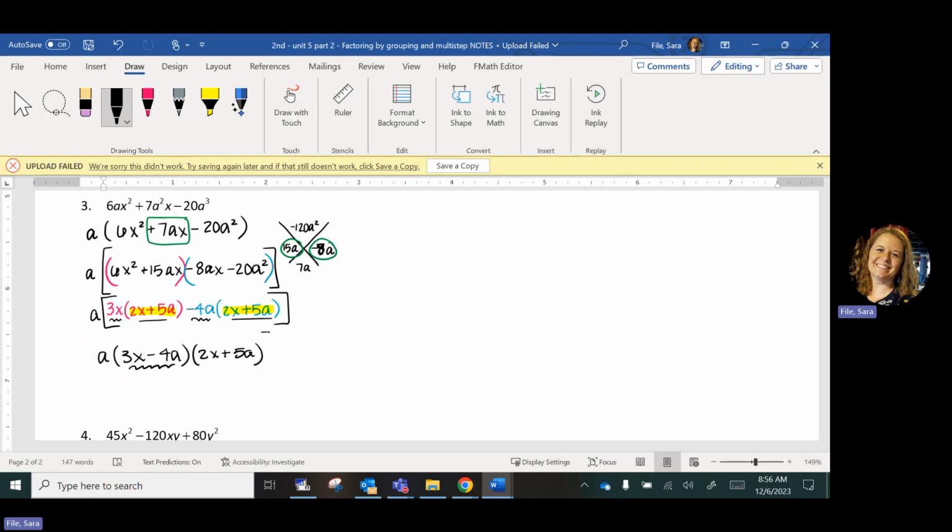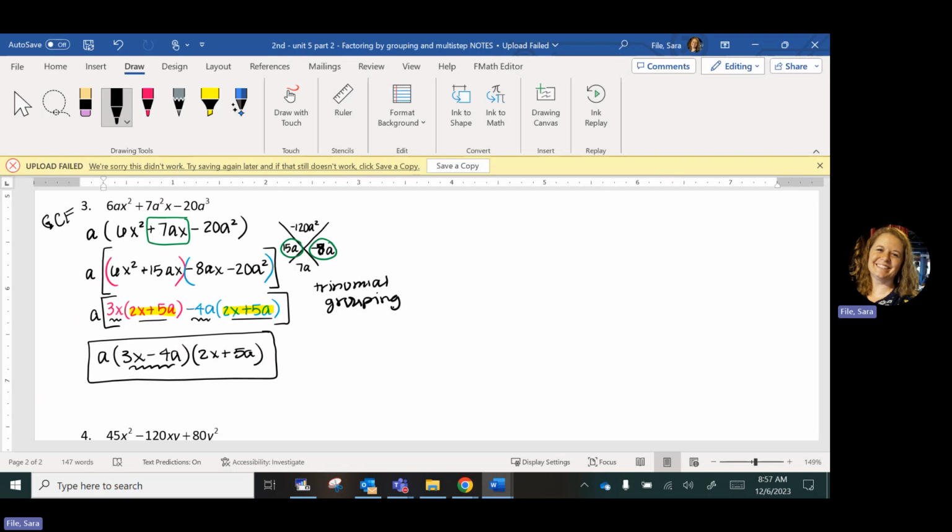That's as far as I can take it. So in that one, I did GCF first. And then I did trinomial grouping. You could have done box method or guess and check there once you got to the trinomial as well.